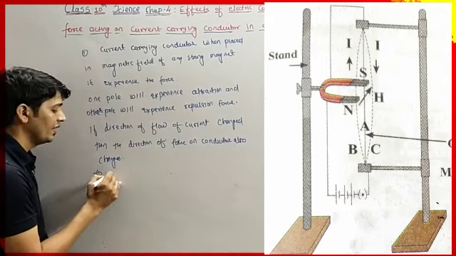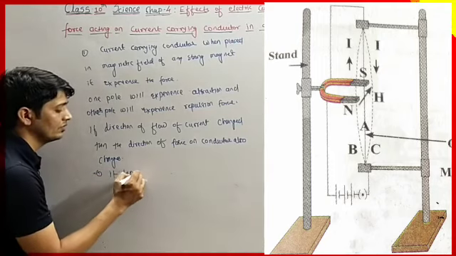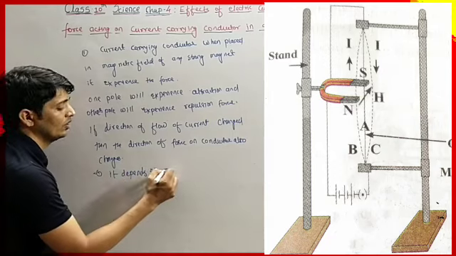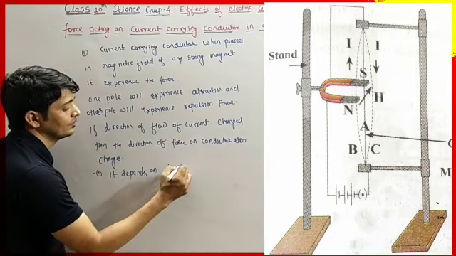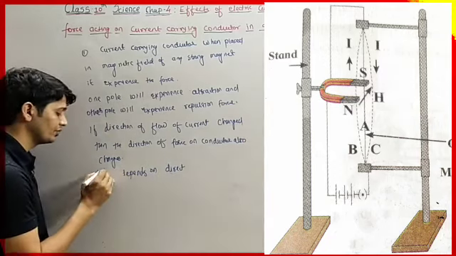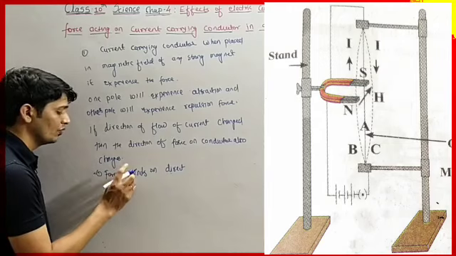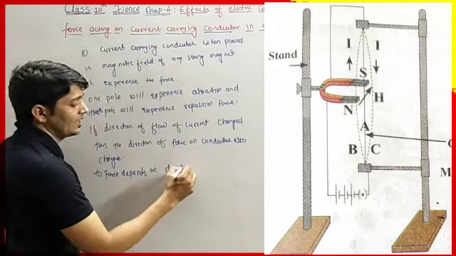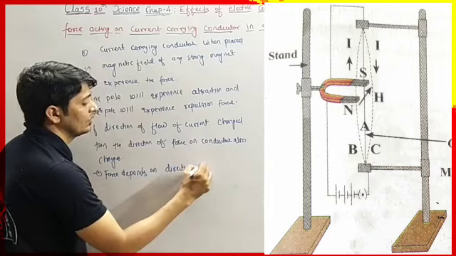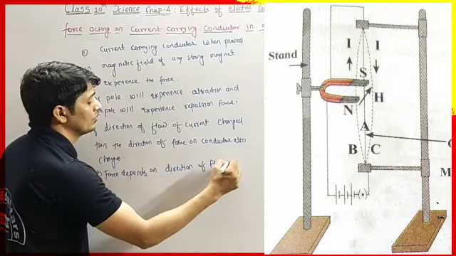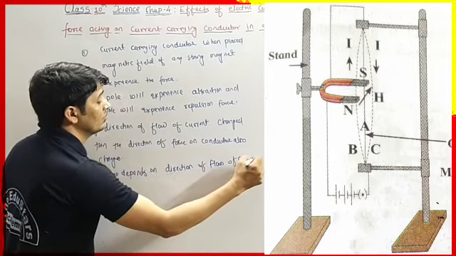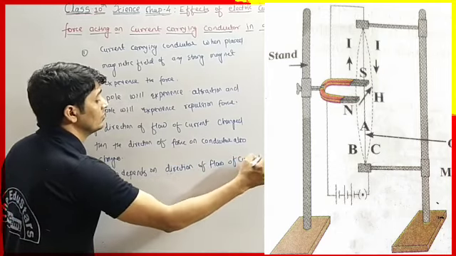Number one, the force depends on the direction of flow of current. Number two, the force depends on the direction of the magnetic field.